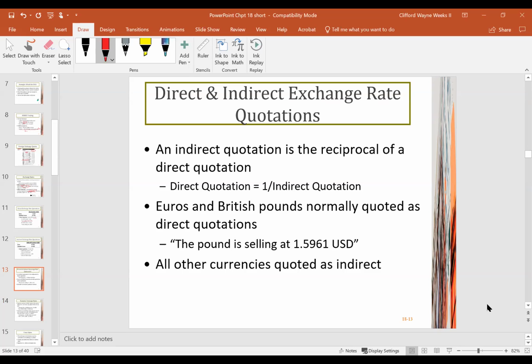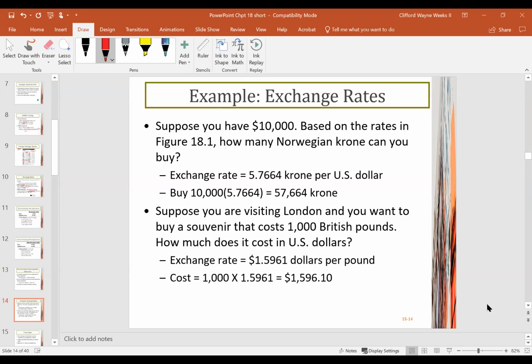All other currency is usually quoted as indirect, like the yen to the dollar. Where this is the pound to the dollar, that's the direct quote, where most other quotations are the yen to the dollar or the peso to the dollar, quoted as indirect. And so here's an example.